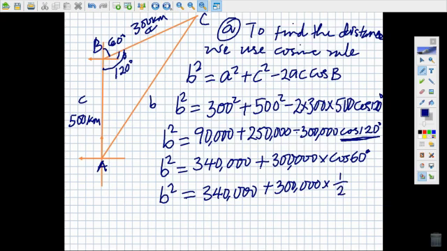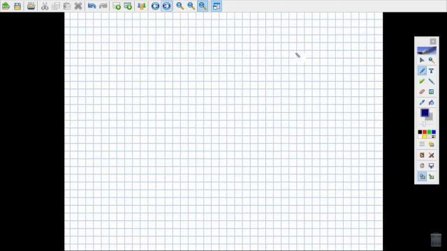The value of cos 60 is half, so simplifying further, b square is equal to 340,000 plus 150,000. So b square will be equal to 490,000.